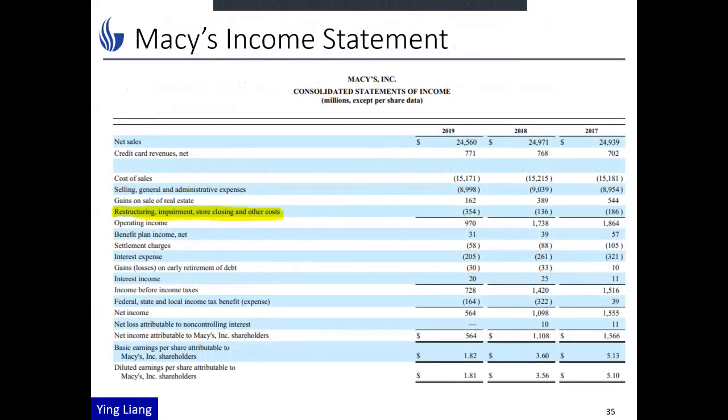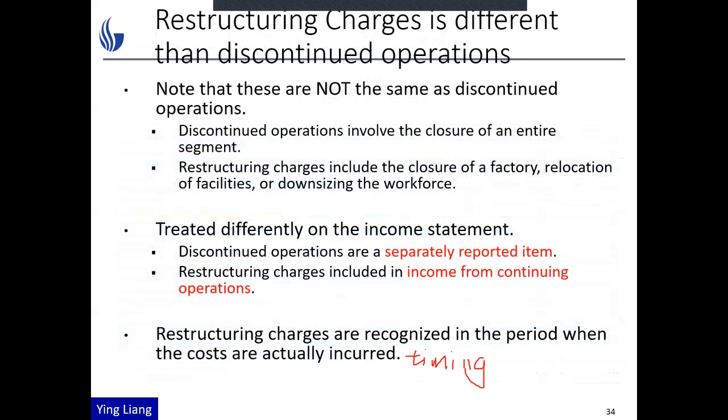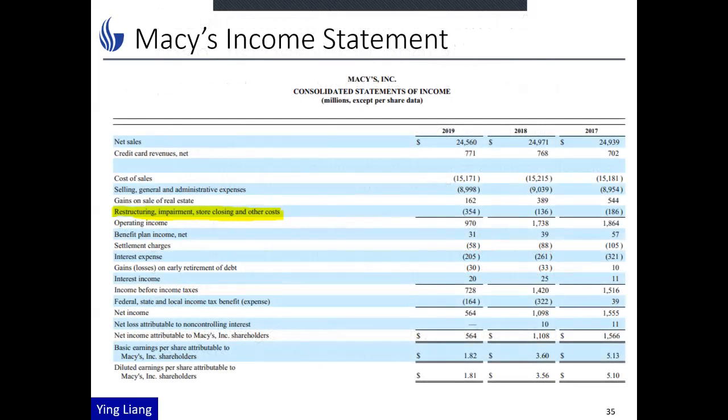Now let's look at Macy's. You may have heard that Macy's has been closing their stores for the recent years. And we talked about a closure of a factory being part of the restructuring charges. So you see in Macy's income statement, they have this line under the operating expense as restructuring, impairment, store closing, and other costs for the consecutive 3 years.